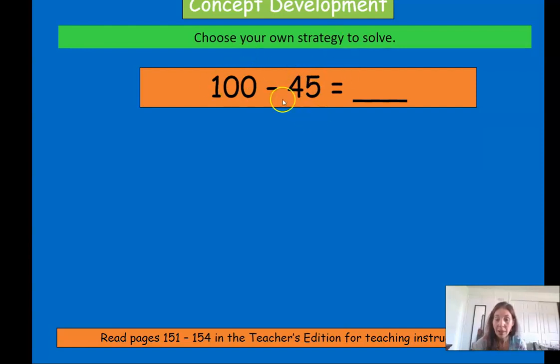You can choose the counting up arrow strategy, starting at 45 and counting up to 100, or you can start at 100 and take away 45. I'm going to give you a second to think about how to solve this problem and work on that right now.